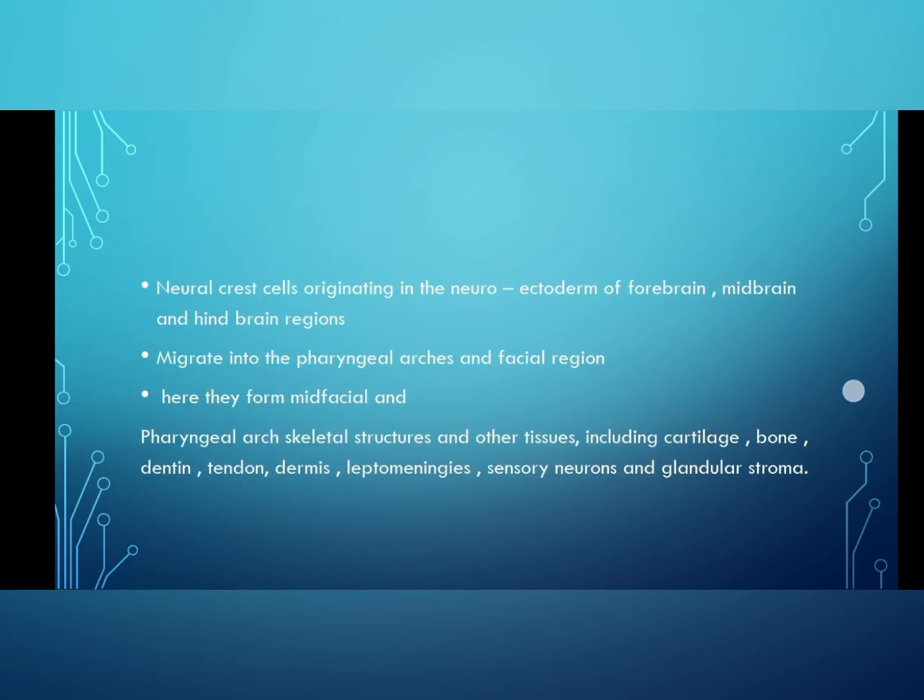Neural crest cells originating in the neuroectoderm of the forebrain, midbrain and hindbrain regions migrate into the pharyngeal arches and facial region. Here they form midfacial and pharyngeal arch skeletal structures and other tissues including cartilage, bone, dentin, tendon, dermis, sensory neurons and glandular stroma.